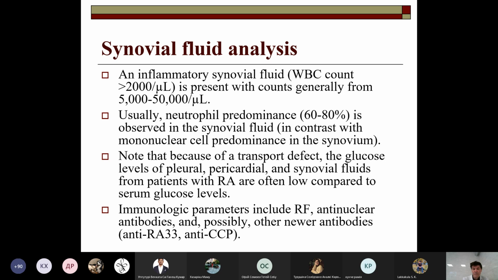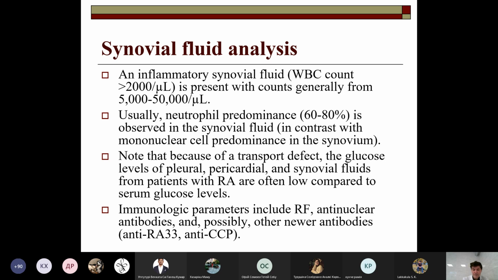In inflammatory synovial fluids, you can see the blood count on the slide. We usually see neutrophil predominance in a patient with established rheumatoid arthritis, but no other components can be seen, especially crystals, when compared with acute gout.